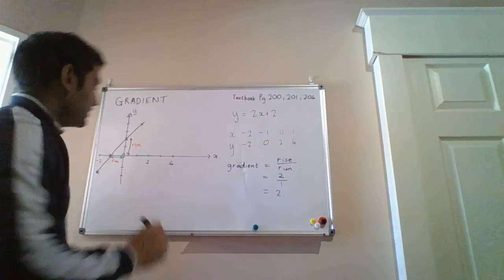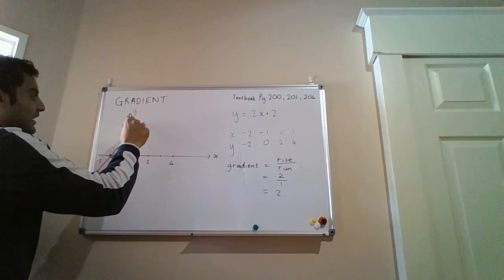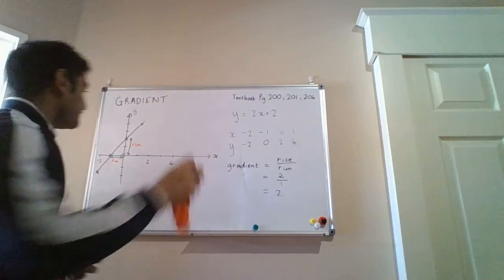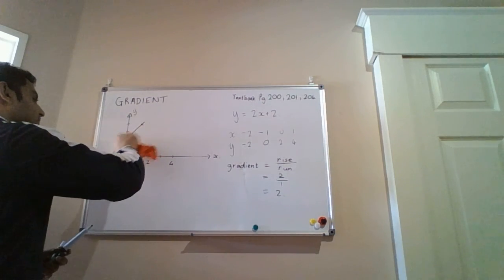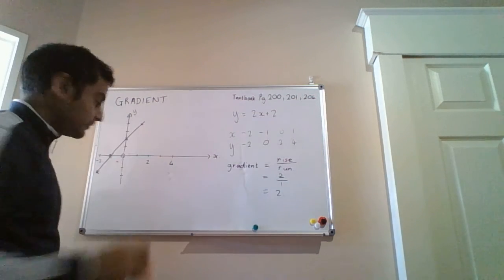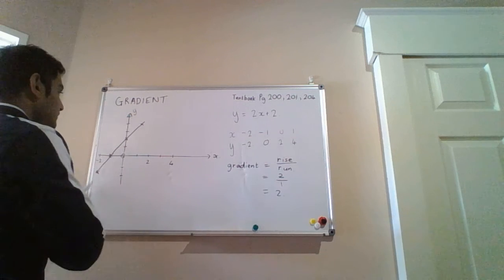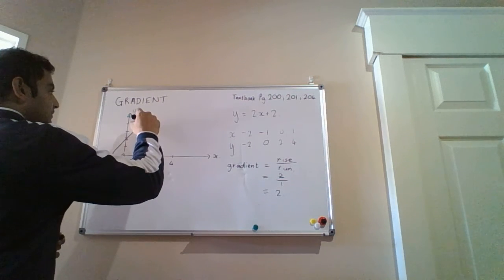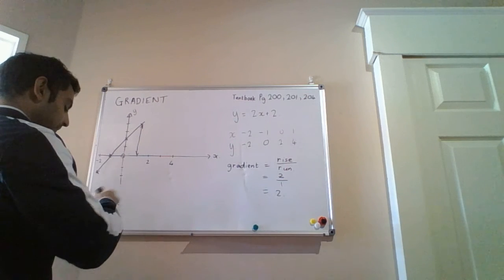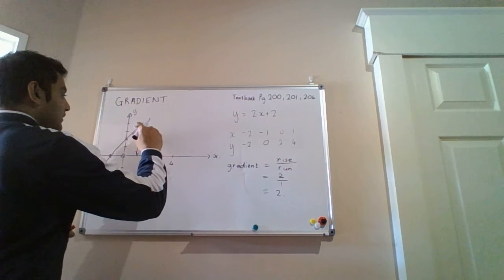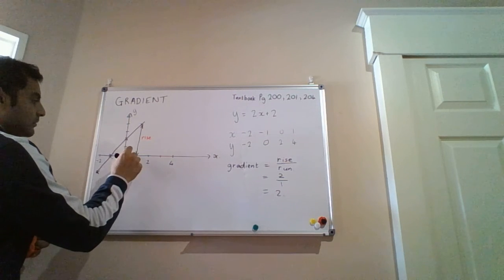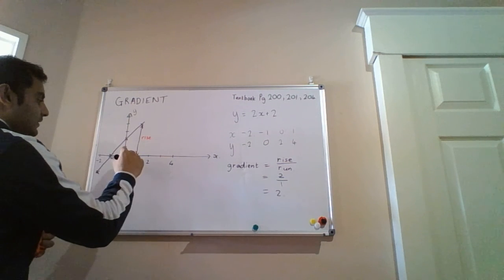For example, if we picked this point and this point, our rise would be this much. And our run would be this much.